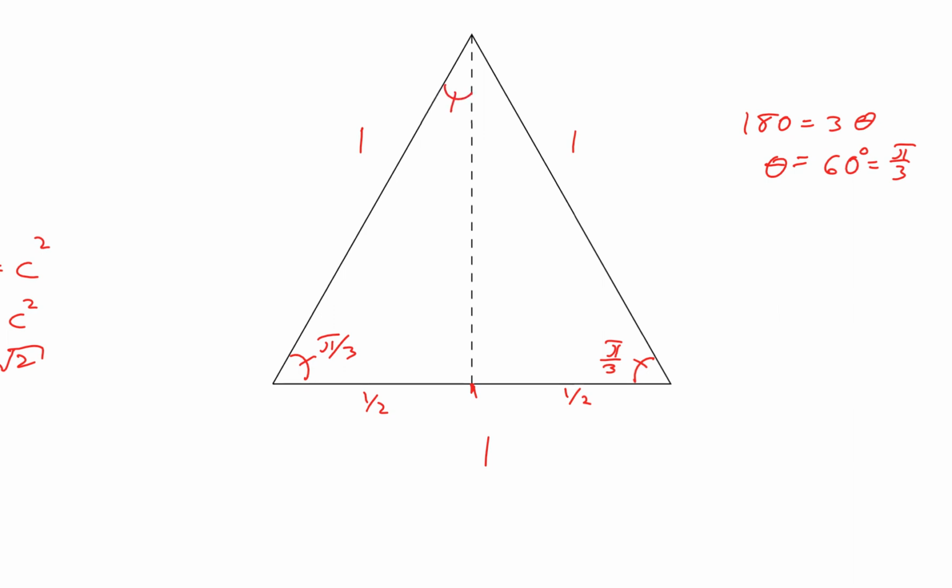So let's put this here. And what is half of pi over 3? Well, that's going to be pi over 6, which is the same thing as 30 degrees. Okay, so now we have everything we need to find the cosine and sine of both pi over 3 and pi over 6.